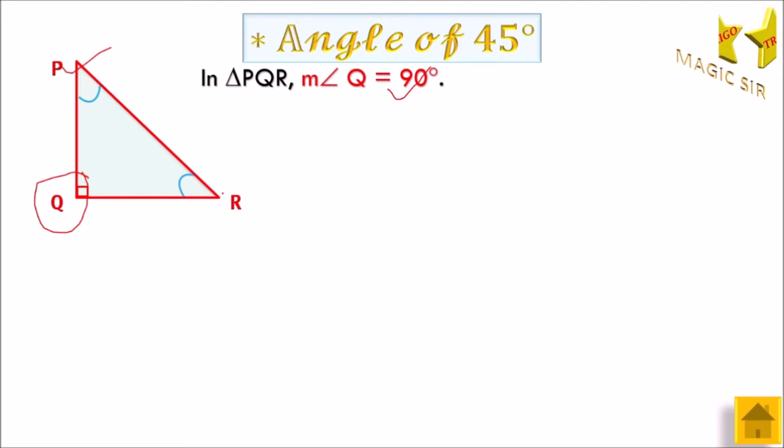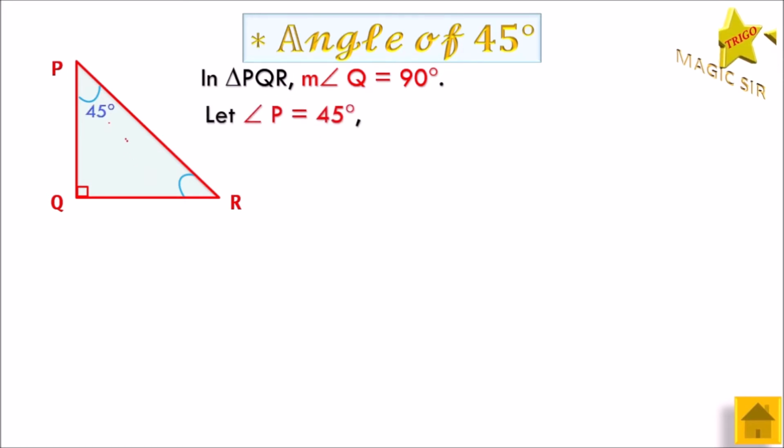That is P plus Q plus R is equal to 180 degree. But we have given measure of angle Q is equal to 90 degree. So the sum of the remaining two angles is 90 degree. That is P plus R is equal to 90 degree.